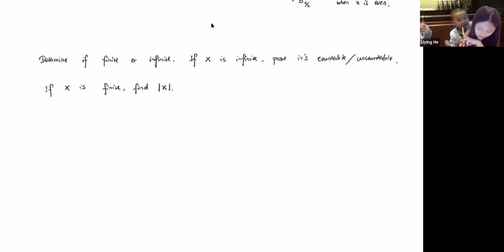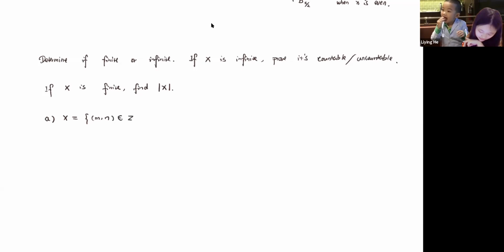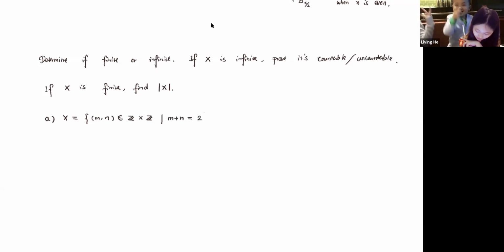Okay? Part A, you have X equals the set of (m, n) in Z cross Z such that m plus n equals 2.